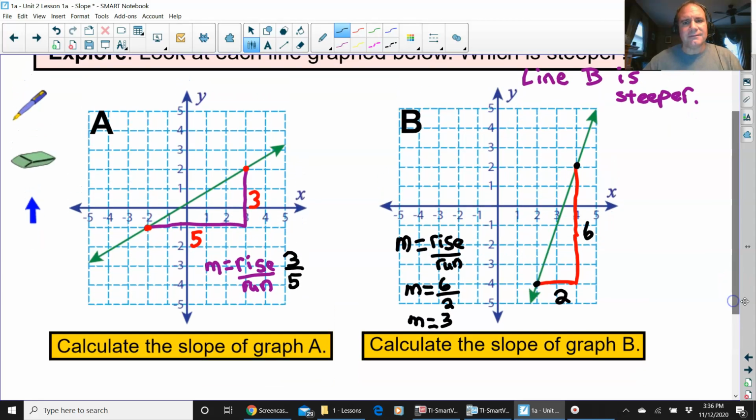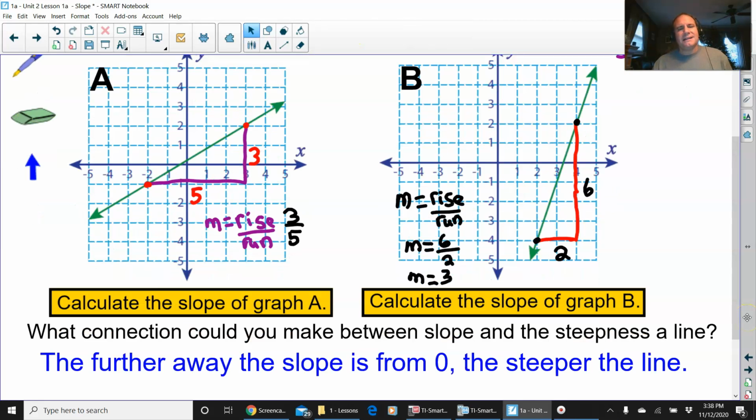And we said that line B is steeper. Why do you think that is? Take a look. One has a slope of 3 and the other one has a slope of 3 over 5. Which one has the slope that is further away from 0? All right, so B has the slope that is furthest away from 0 in this case, and that means the further away from 0 a slope is, the steeper the line.